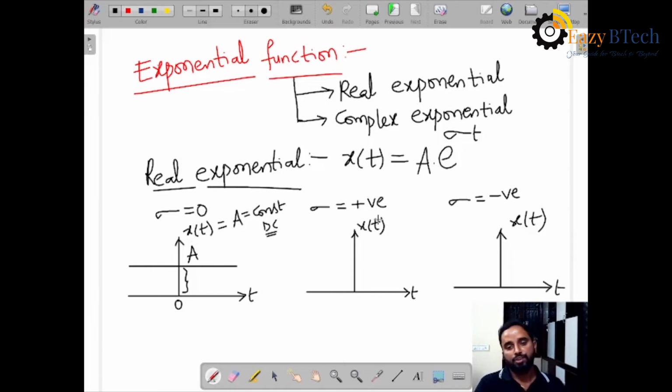If sigma is positive, like 1 or 1.52, then how is the waveform?